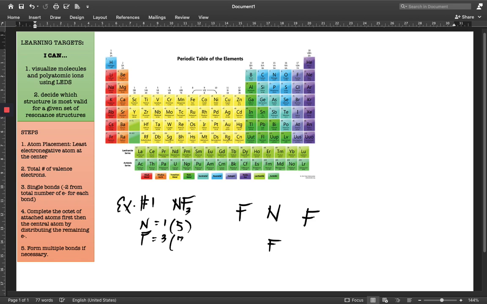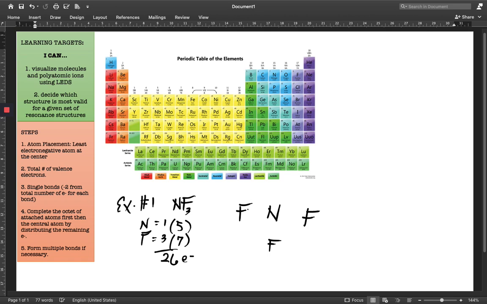So we get the total number of valence electrons for all the atoms present: 3 times 7 is 21, plus 5 times 1, that's 26 electrons all in all. So 26 valence electrons.